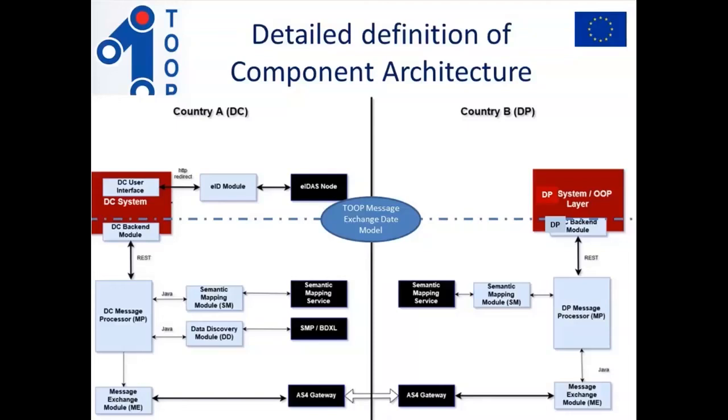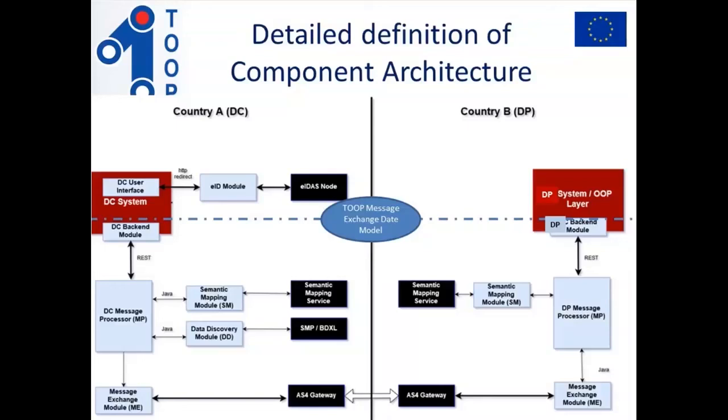So what we need is a top semantic model, a common semantic model that can be used as the basis, either to be adopted by the member state systems, in which case we don't need semantic mapping, or as a pivot format that we can map to from data consumer semantics to the top semantics, and then from the top semantics to the data provider. There we give the flexibility to the member states to either adopt the common model or do the mapping that is needed.